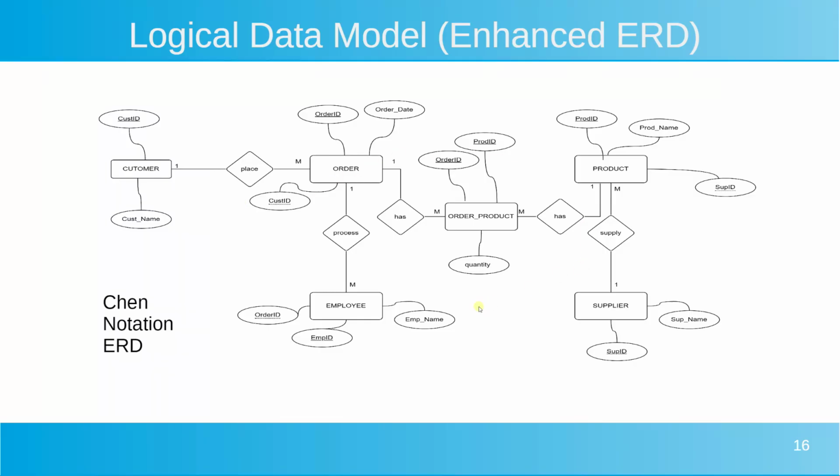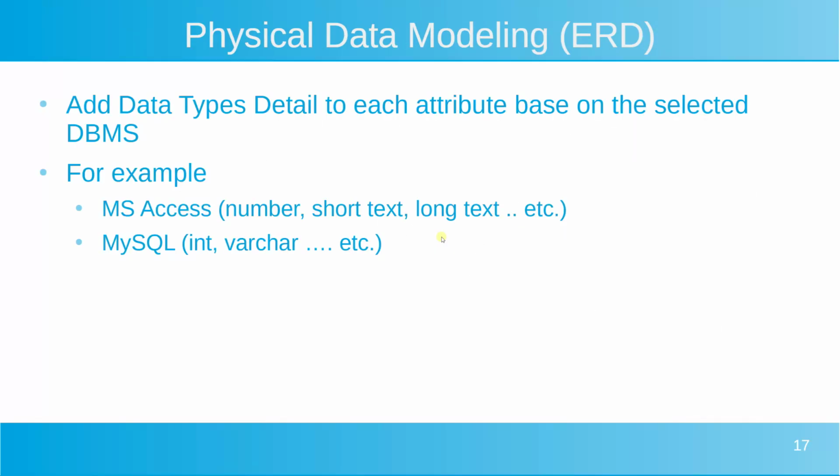Now the next step is how we can transform this logical data model to the physical data model to make it ready for implementation in any DBMS system. So in this phase, we add data types to each attribute based on the selected DBMS.